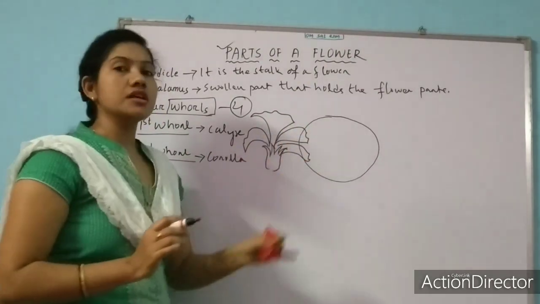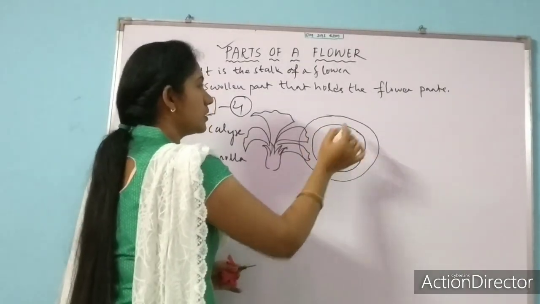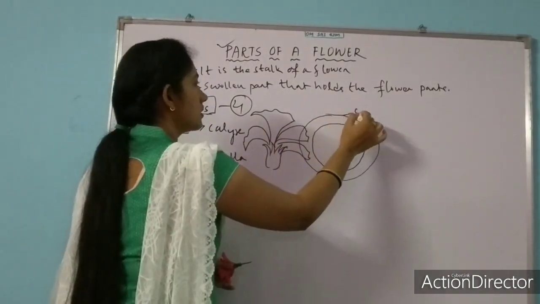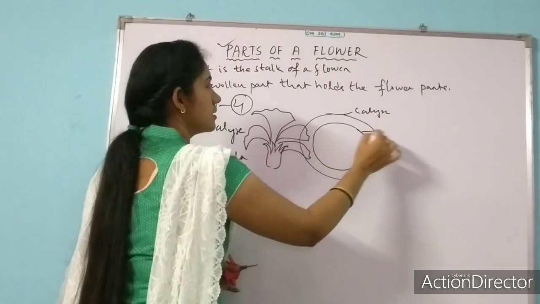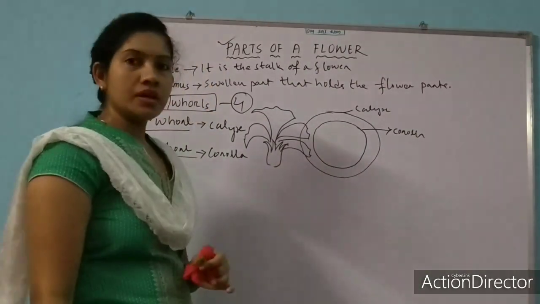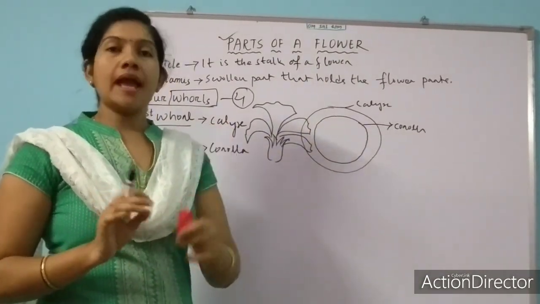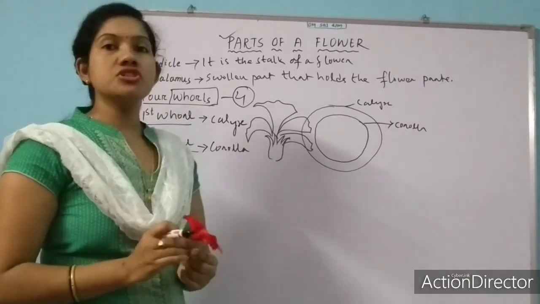These are the collection of petals. This is the second whorl I am drawing. The first whorl calyx, the second whorl corolla. So calyx is the combination of sepals and corolla is the combination of petals.